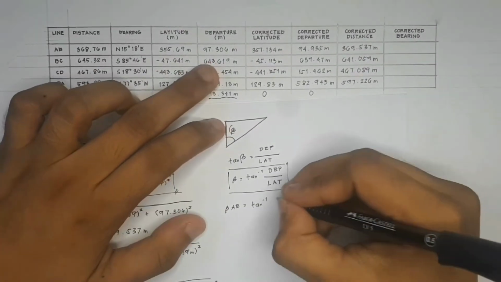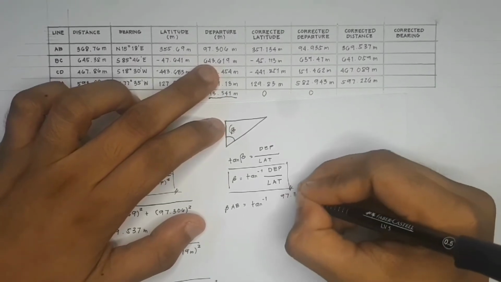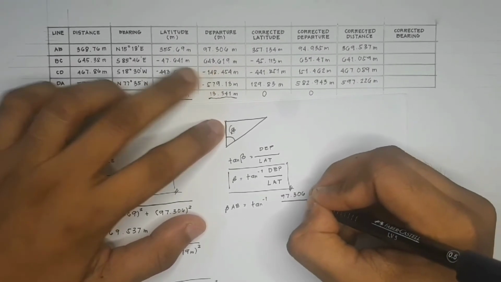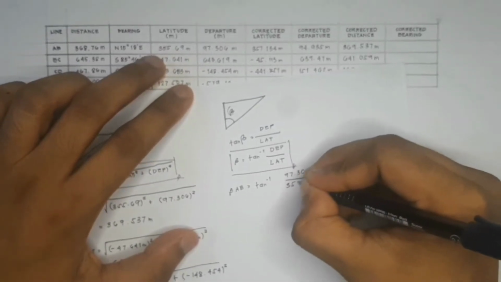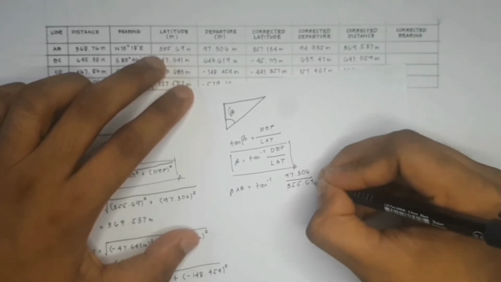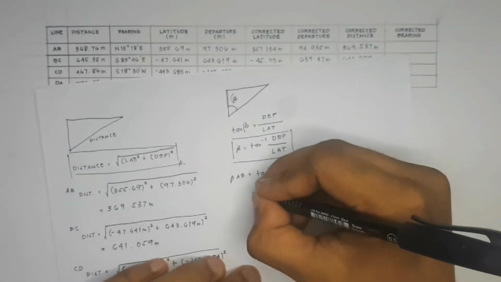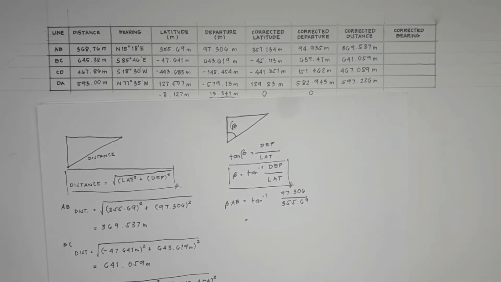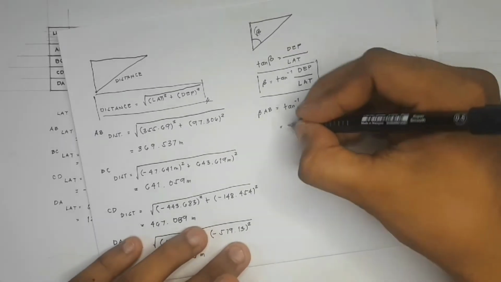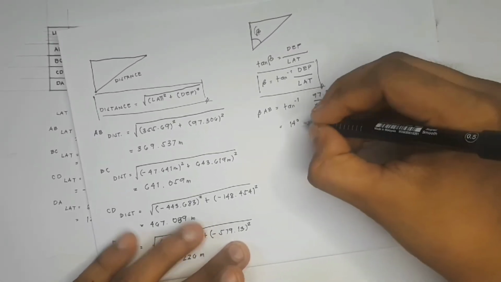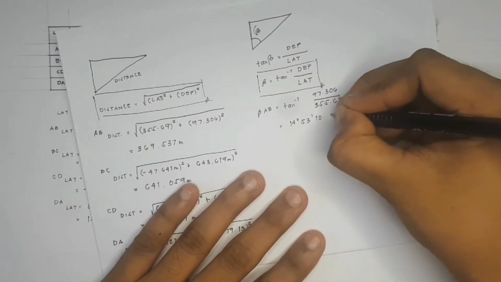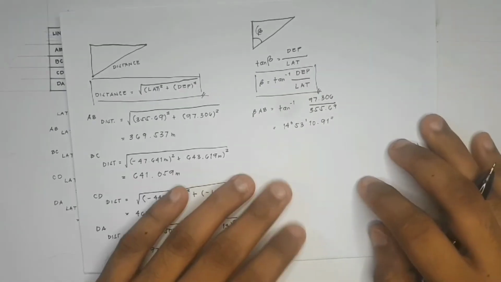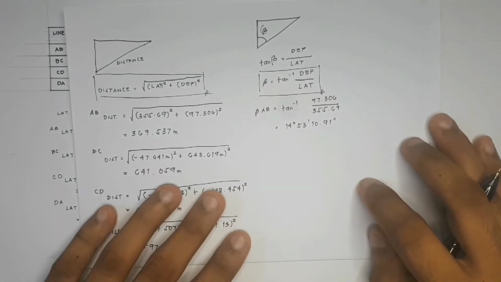So we have 97.306 over the latitude of line AB, 355.69 meters, and the answer for this is 14 degrees 53 minutes 10.91 seconds. So to compute this, you need to use your scientific calculator.